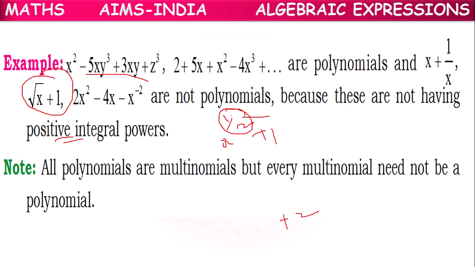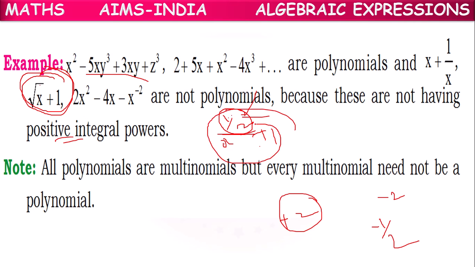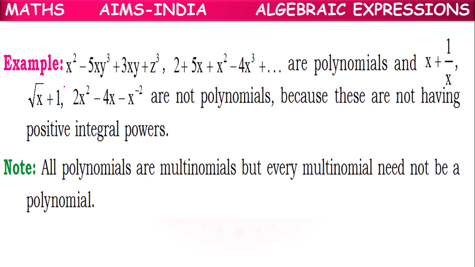It should not be negative and it should not be a fraction. In root of x plus 1, the meaning of root is x power 1 by 2 plus 1. The power is 1 by 2, which is not an integer. So this is not a polynomial. So it's only a binomial.